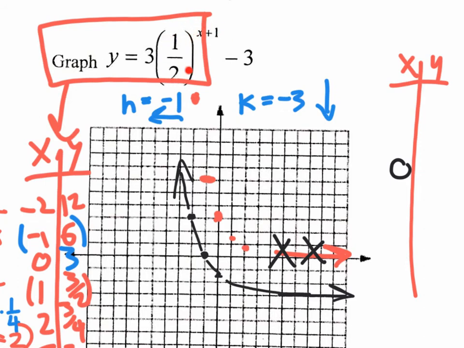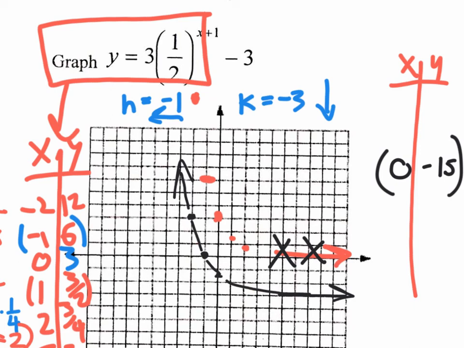And if you go 1/2 to the 1 power, that's 1/2, and then 1/2 times 3, well, that's 1.5, and then 1.5 take away 3, that's going to give me a negative 1.5. Yeah, it does get a little confusing, but if you think about it, that is a coordinate on the final graph. 0 and negative 1.5, you get to that black dot right there on the final graph.